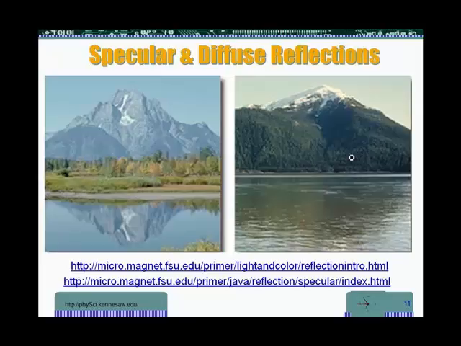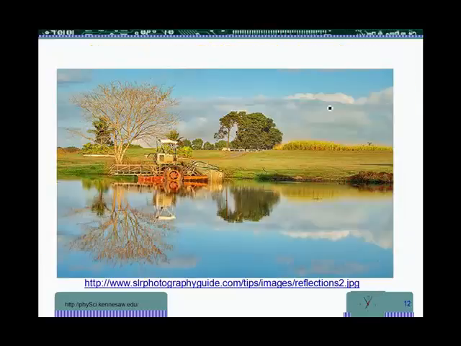In this case, the water is a little wavy. Because the water is a little wavy, even though we have reflections, the reflections are not towards the camera here, and we don't see the mountain anymore. Okay, we'll explain that a little more. Notice this picture here. It's the same picture. In the places where the water is wavy, we don't see much.